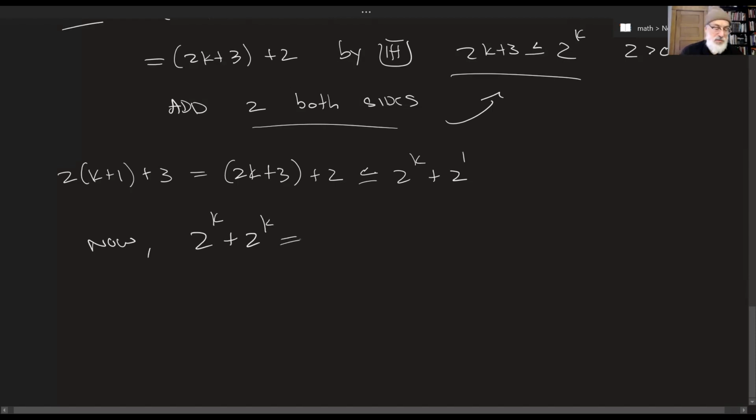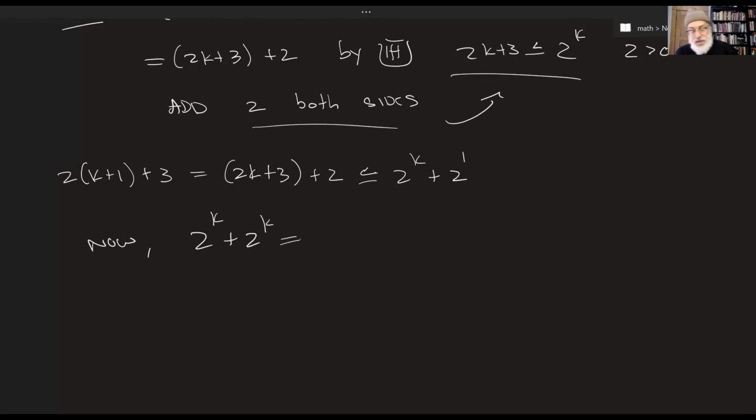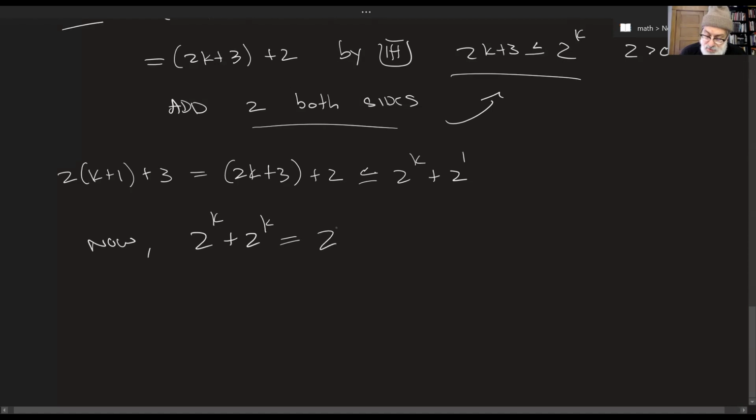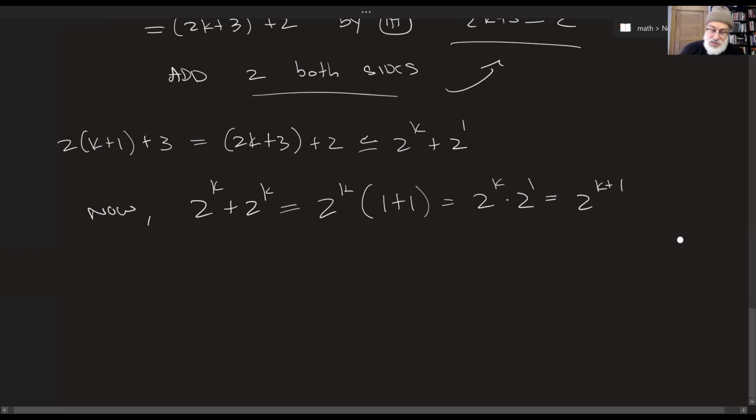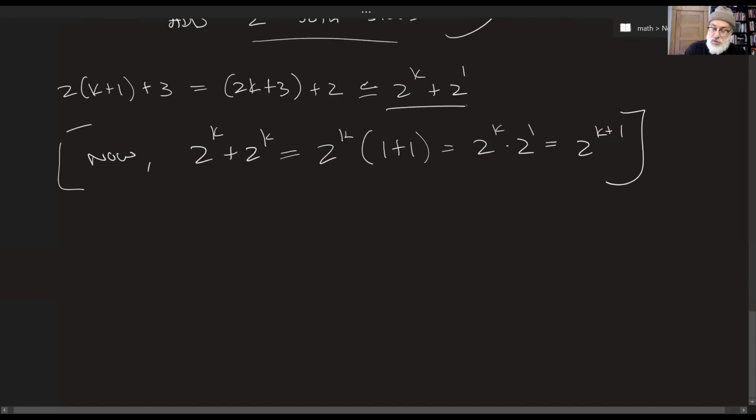If I want to think of this particularly as a single base raised to some power, we can think of this as being a factored out 2k, then I get 1 plus 1, which is the same as 2 to the k times 2, which is 2 to the 1, which is 2k plus 1. So as an aside, this is where we're heading.